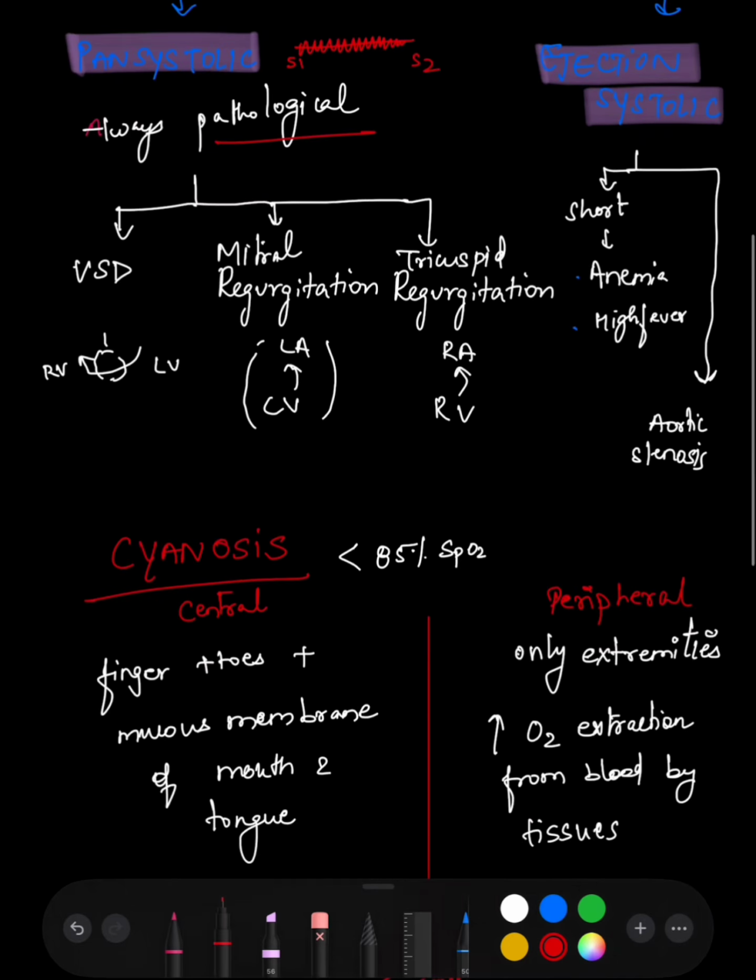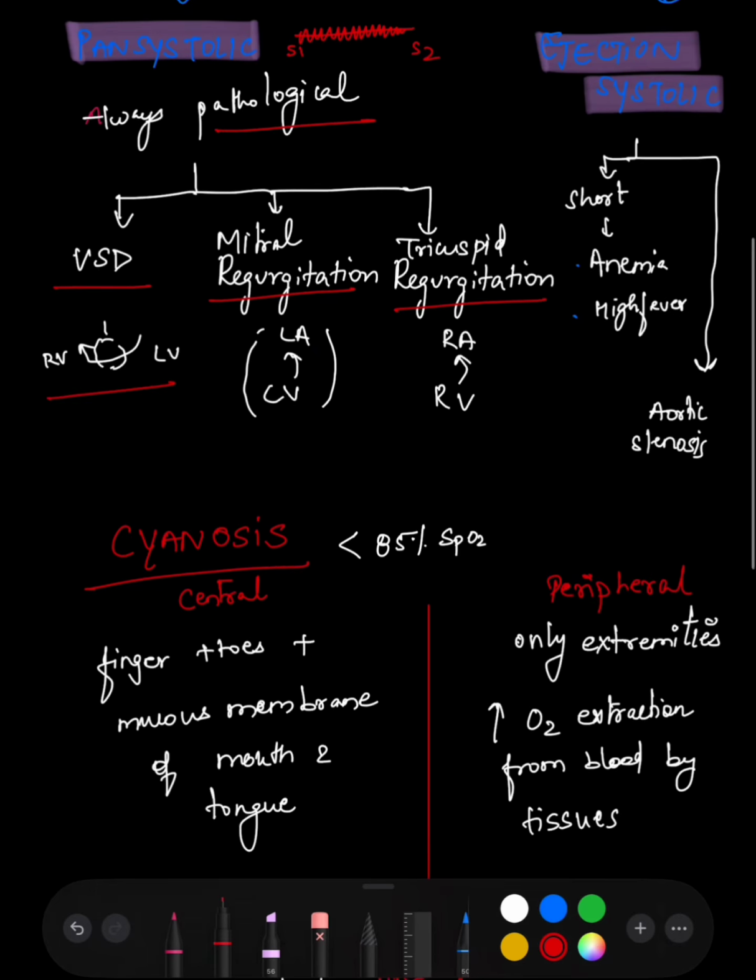Now there are mainly three causes of pansystolic murmur: VSD, that is ventricular septal defect, mitral regurgitation and tricuspid regurgitation. VSD is when the blood is going from the left ventricle towards the right ventricle. Mitral regurgitation is when blood from the left ventricle goes back to the left atrium.